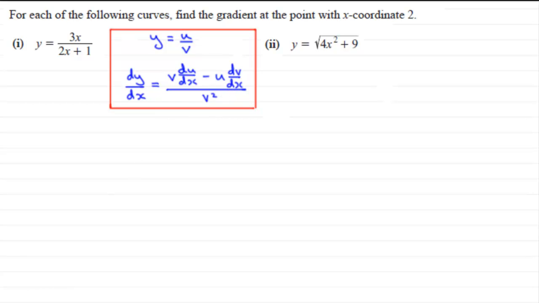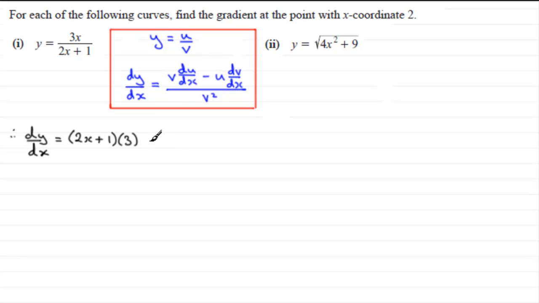So for this one then, dy by dx is going to essentially be the denominator multiplied by the differential of the numerator. So we've got the denominator, which is 2x plus 1, and we multiply this by the differential of the numerator. Differentiating 3x with respect to x gives 3.